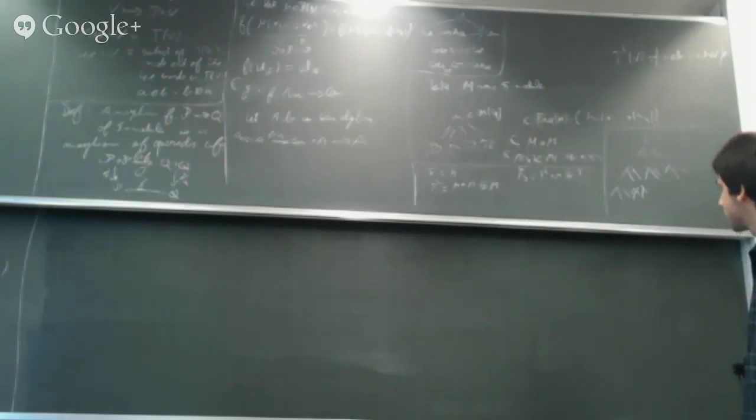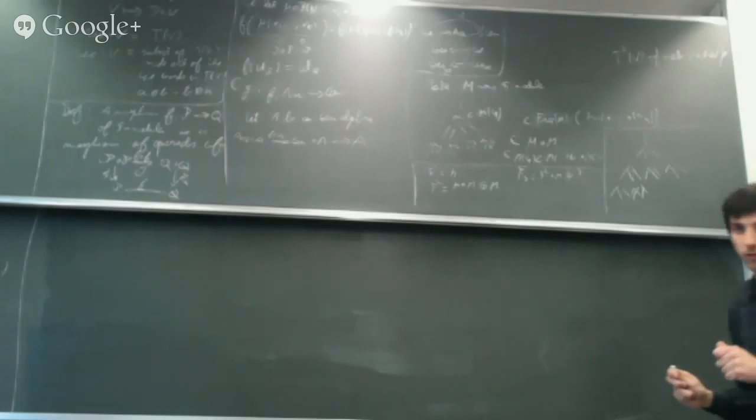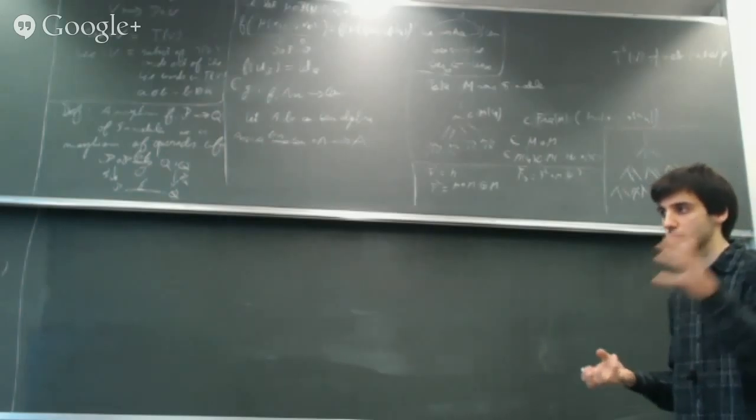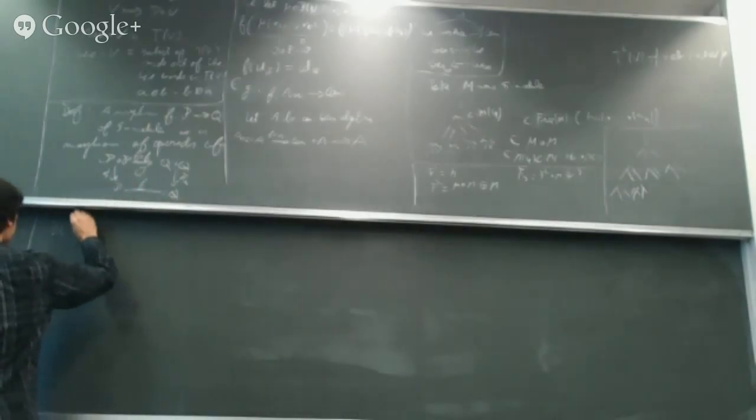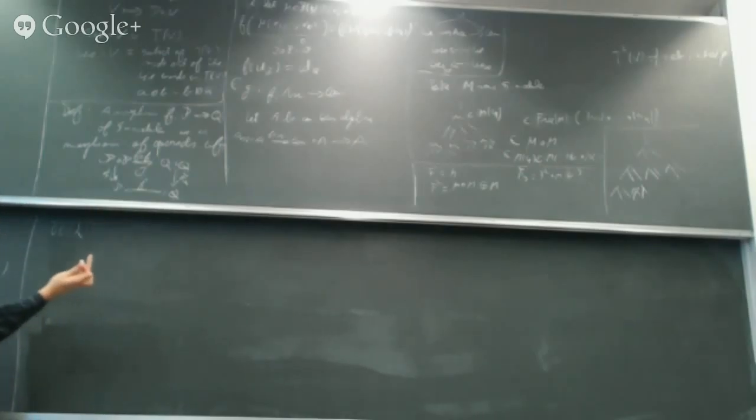So imagine this is like a space of trees, and composition is really plugging trees one into the other. These trees are labeled with some elements.